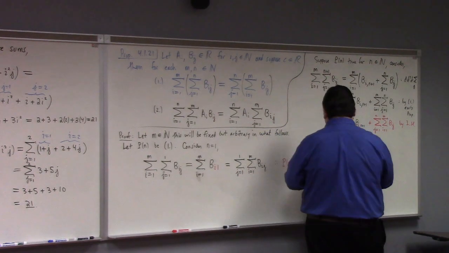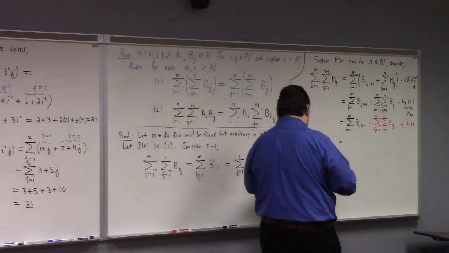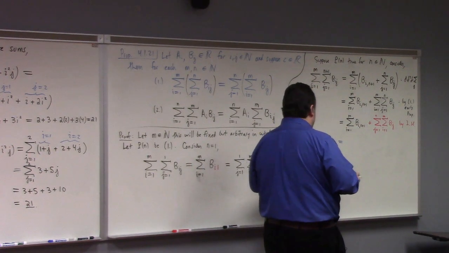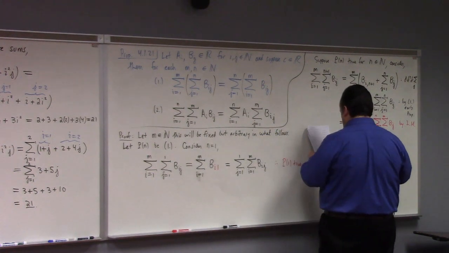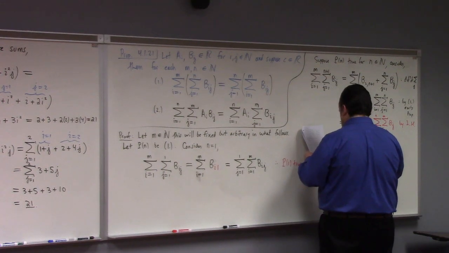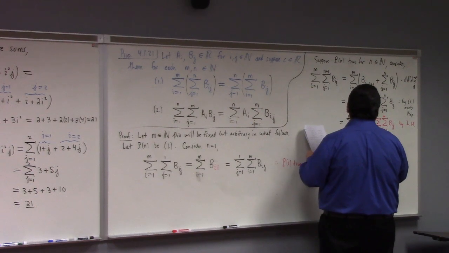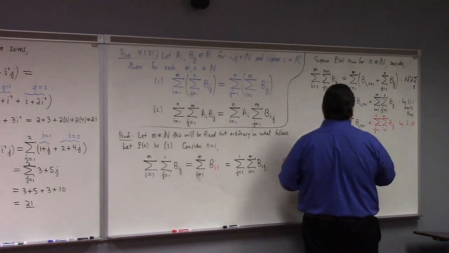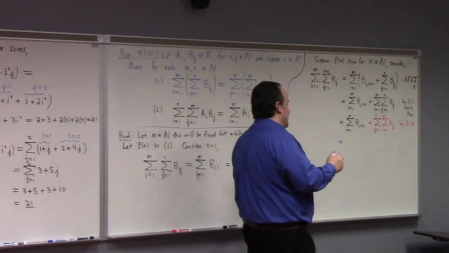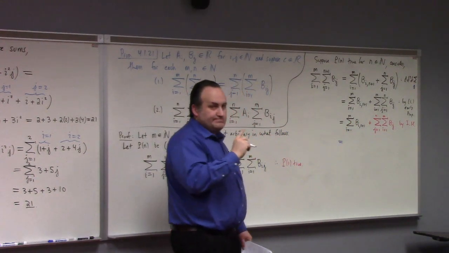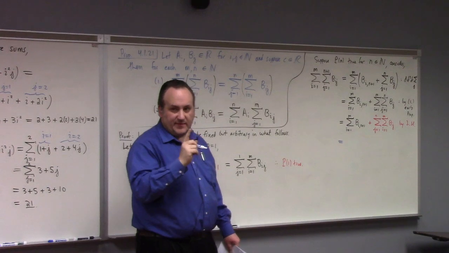Let's be careful here. So my next step was to factor out the sum over j. Did I drop a... Oh! I must do something sneaky here. I forgot. There is something sneaky here.